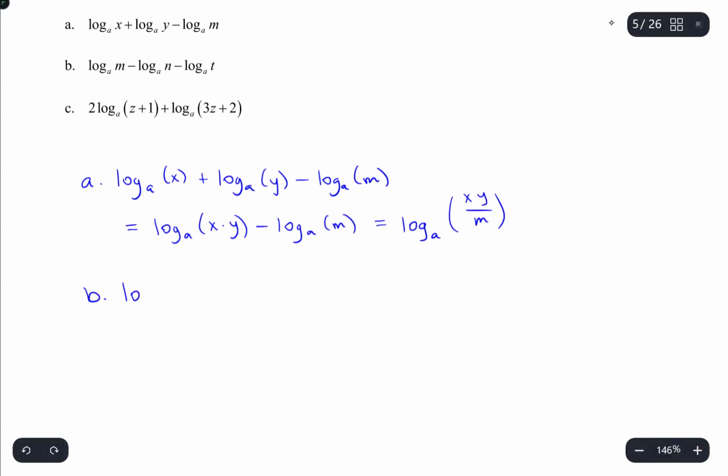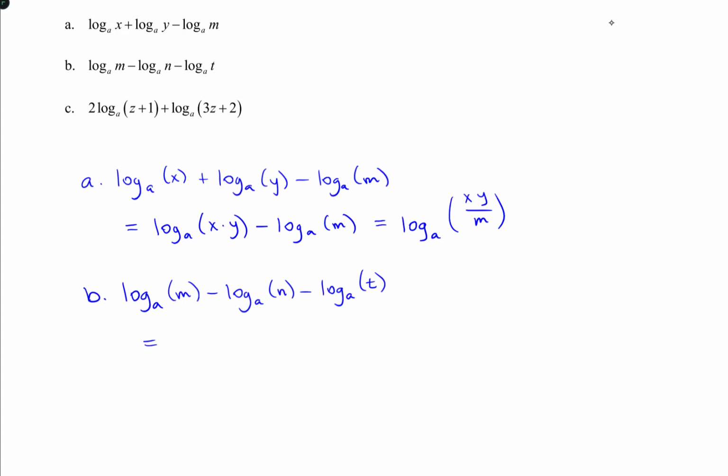For the next expression, we have log base a of m, and I'm going to put parentheses around that, minus log base a of n minus log base a of t. So the first thing, I have two logarithms that are subtracted.